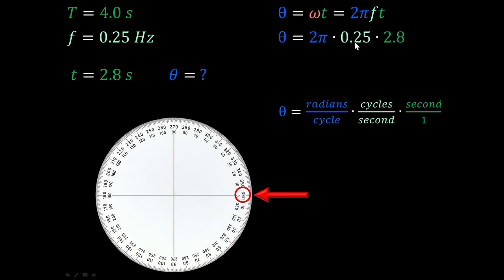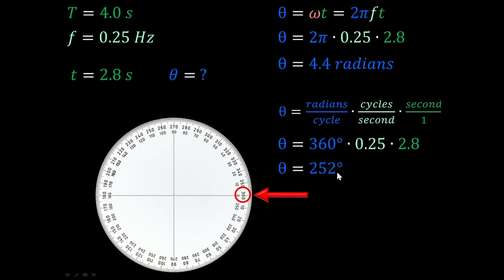Okay, so we just take 2 times pi times the frequency times the time, and we find that it's going to be rotated through 4.4 radians. Now remember this piece here, this was radians per cycle. If I had done that as degrees per cycle, that'd be 360 degrees in a cycle, times cycles per second times seconds, we would have found that it would have gone 252 degrees in 2.8 seconds.